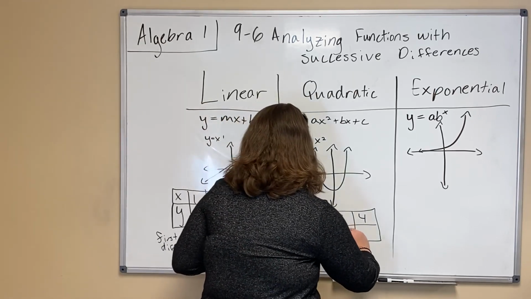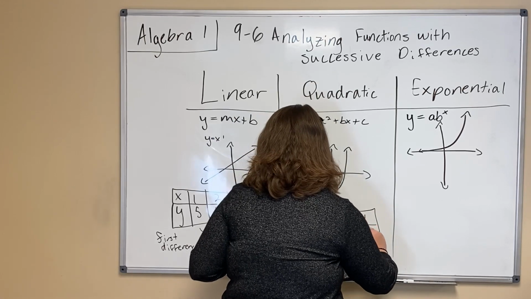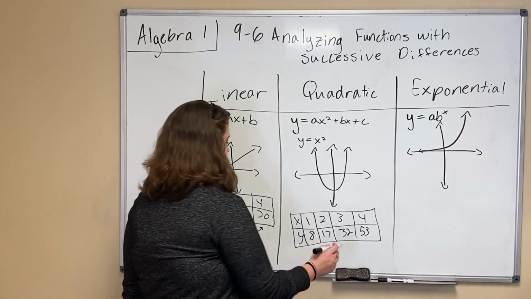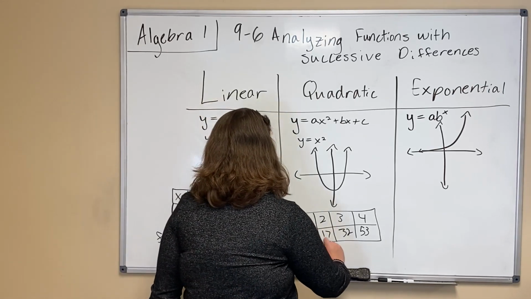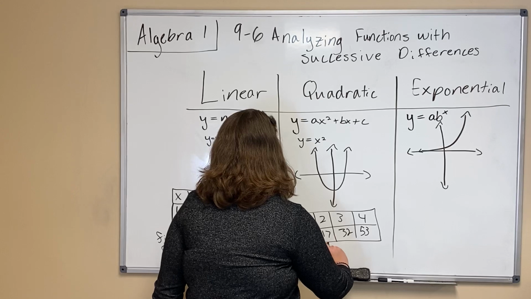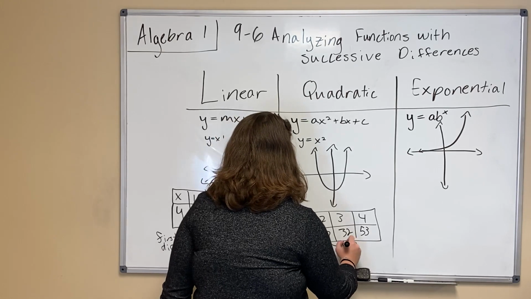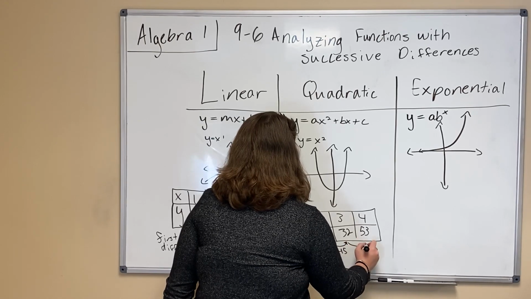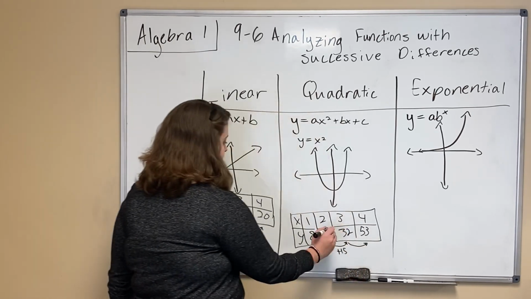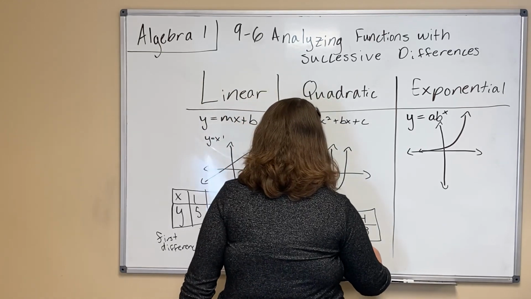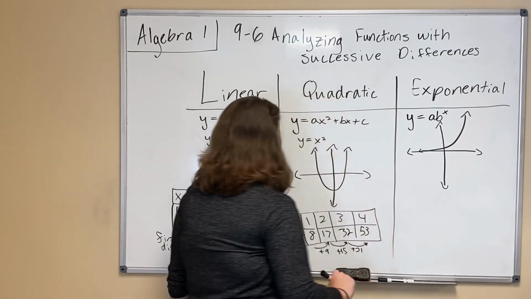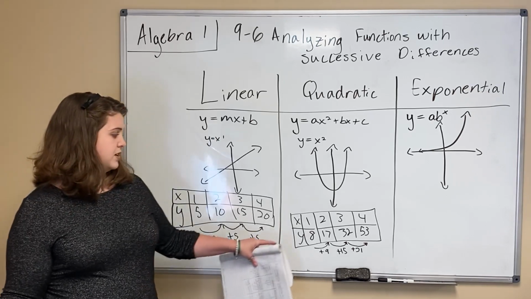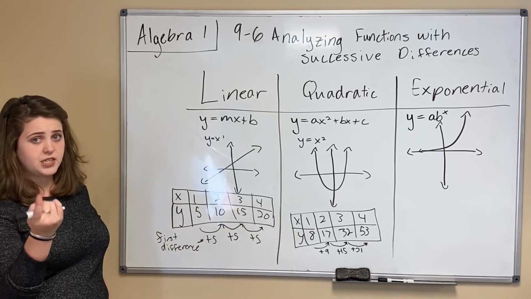So let me fill in our values. Okay, looking at this, when I do my first set of differences, the difference from 8 to 17 is going to be plus 9. The difference from 17 to 32 is going to be plus 15. And the difference from 32 to 53 is going to be plus 21. Okay, so that's not a constant rate of change. We're not adding the same amount each time in our first difference.